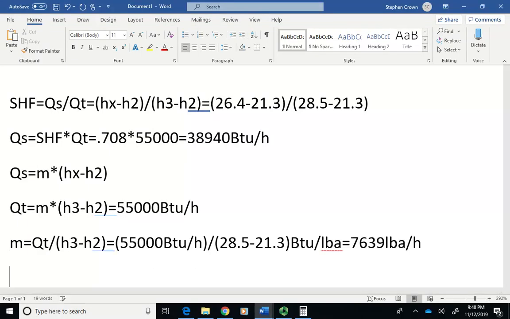Okay, so then we have that the mass flow rate equals EV over specific volume.